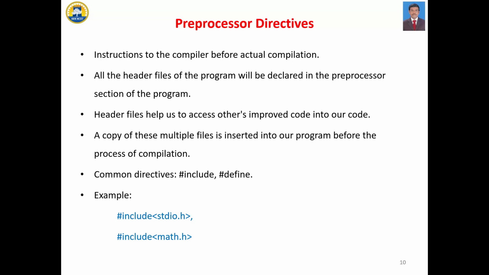A copy of these files is inserted into our program before the process of compilation. Common directives are #include and #define. For example, #include <stdio.h>, that is standard input output.h. Another one is #include <math.h>, that is for mathematical functions.